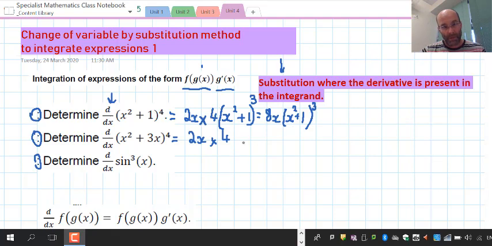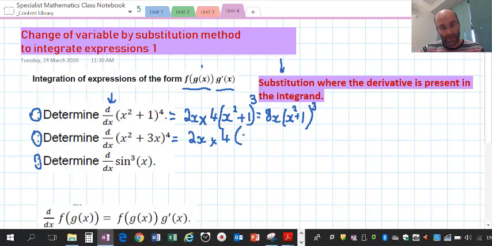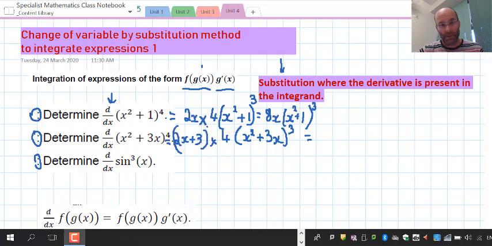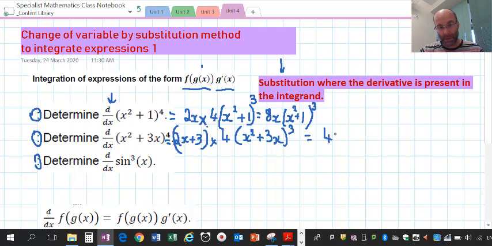For the next one, we've got 2x as the inner derivative, and we've got 4 outside of x squared plus 3x, all to the power 3. Oh, hold on, it's 2x plus 3, and we could tidy that up by bringing the 4 out the front, if we like.